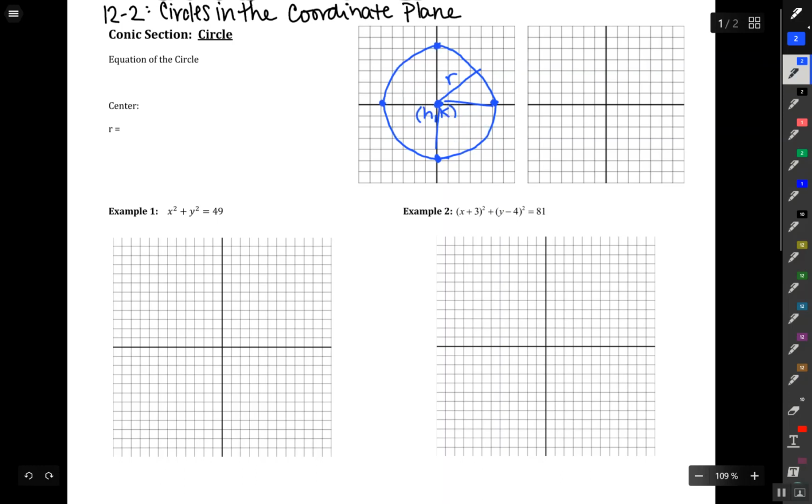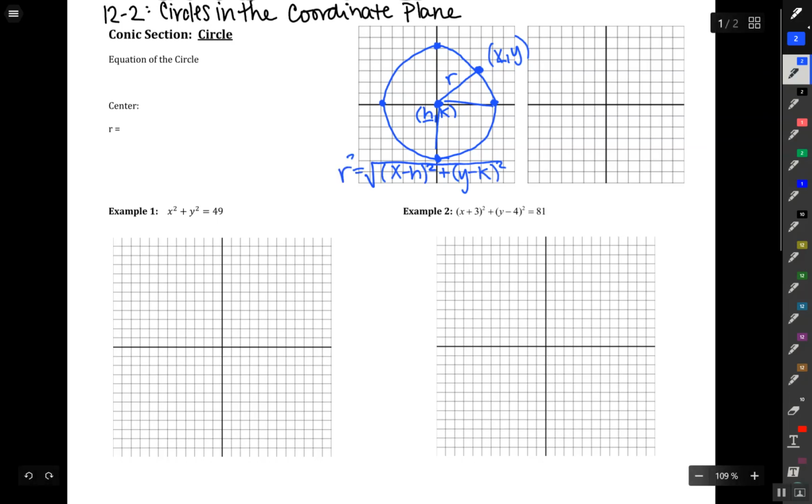This equation really just comes from the distance formula. If I think about a point on the circle, I'm going to call that (x, y). If I find the distance between the center (h, k) and that point (x, y), it should be r. So you do the distance formula, which is the square root of (x minus h) squared plus (y minus k) squared, and that's equal to the distance, which is the radius.